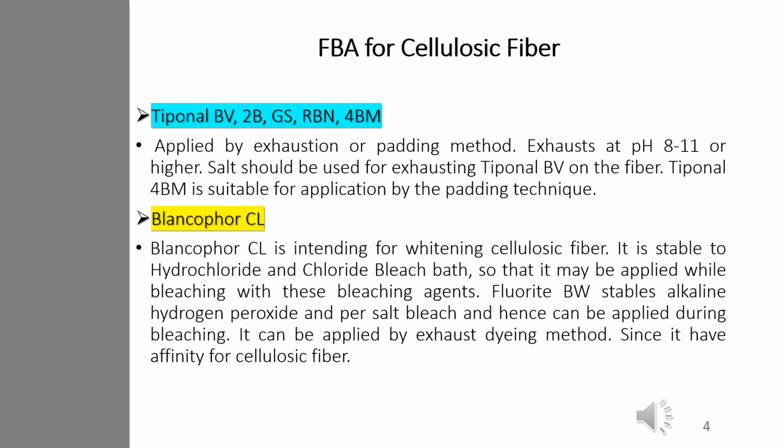It can be applied by exhaust dyeing method, and it has affinity for cellulosic fiber. So, for Blanco 4Cl, the exhaust dyeing method is suitable, and it has an affinity for cellulosic fiber. So, it could be suitable for the cellulosic fiber.